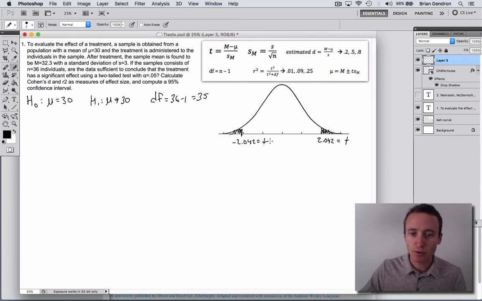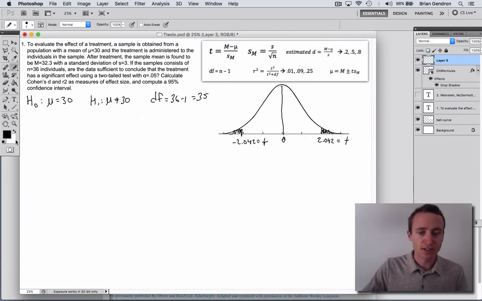So these are the critical regions of t. If the treatment causes a change that is 2.042 standard deviations away from the population average, which is standardized as 0 here, then we're going to say that there was a statistically significant change or effect or treatment.